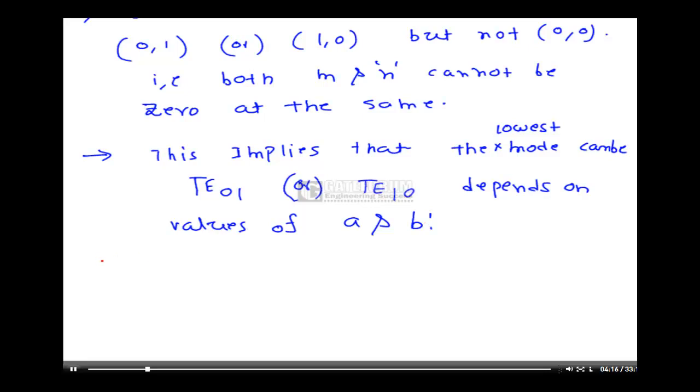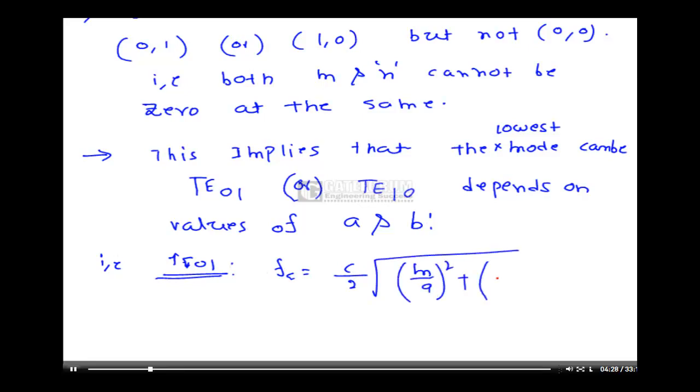TE01 means, cutoff frequency, we know, is c by 2 into square root of (m by a) whole square plus (n by b) whole square. So for TE01, m is equal to 0. So Fc is c by 2 into n by b.